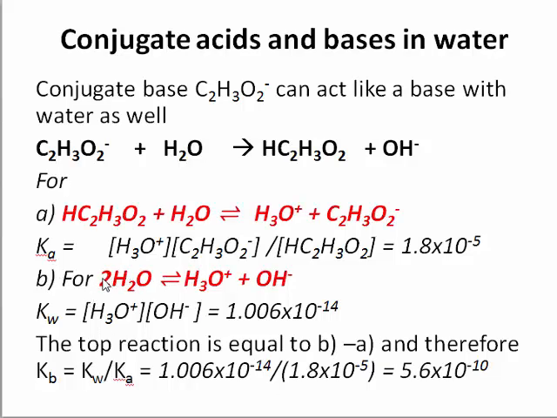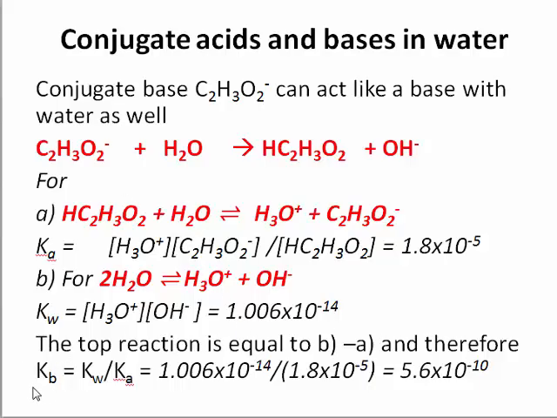Now consider reactions B and A, which I now show in bold and red. The top reaction, the one we would like to find K for, is equal to reaction B minus reaction A. In other words, if you take the reverse of this reaction, add it to this one, and cancel things that appear on both sides, you obtain this reaction.